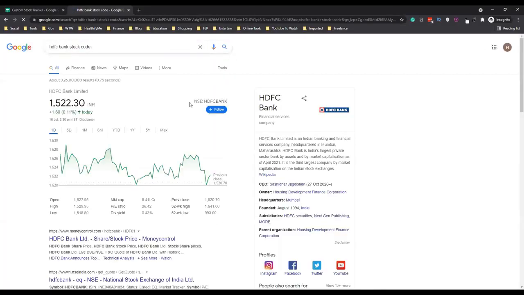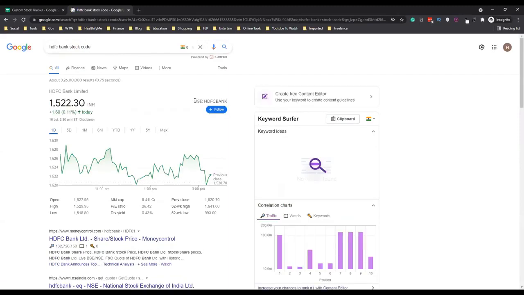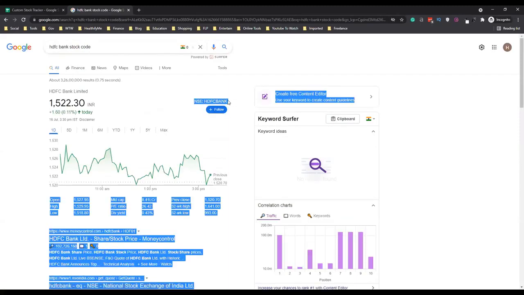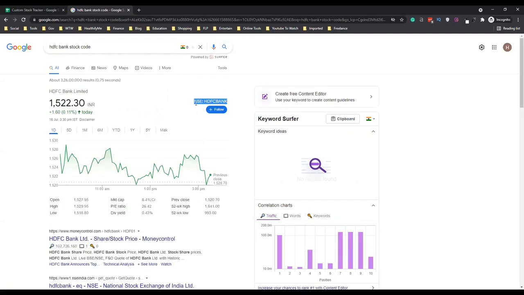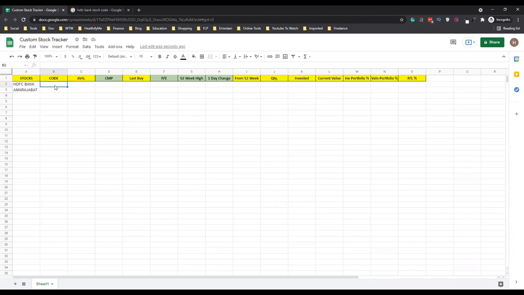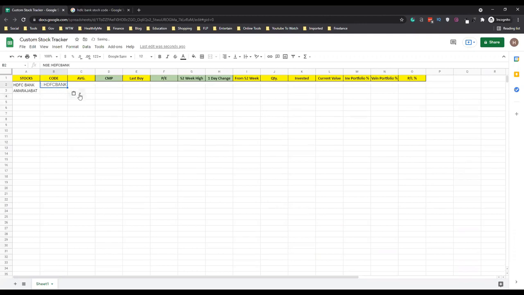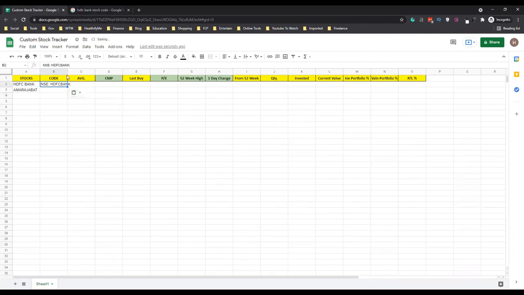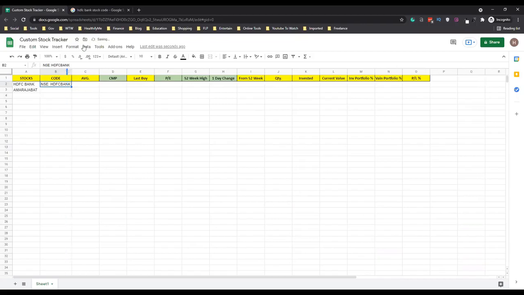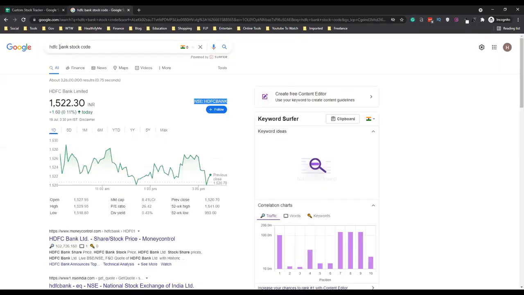Right, so you will get something like this. This is the NSE code for HDFC Bank, right? So we have to use this complete code, NSE colon HDFC Bank. We will add this code over here, and we will do the same for the other stock.